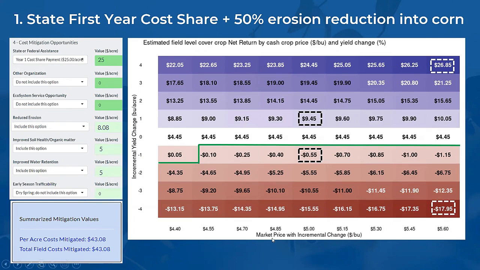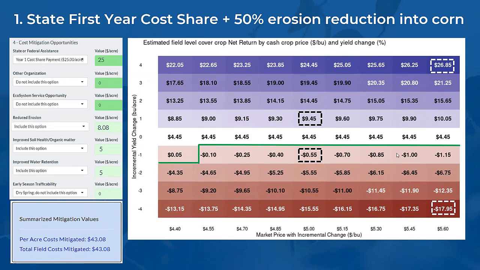So if you see here, if there is no yield change, there is a small increase in net return, about $5 per acre. In the worst case scenario, you notice that if the price is low and yield loss is big for corn, which is not unusual, we lose about $13.